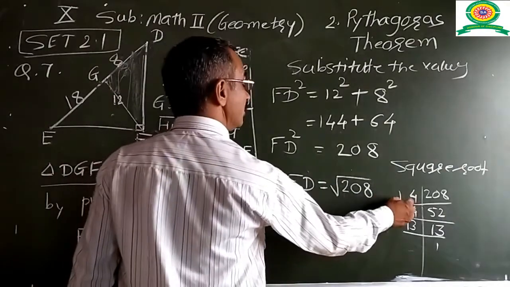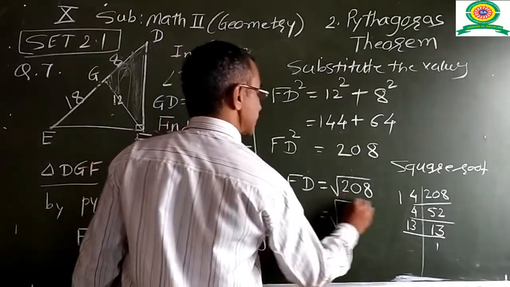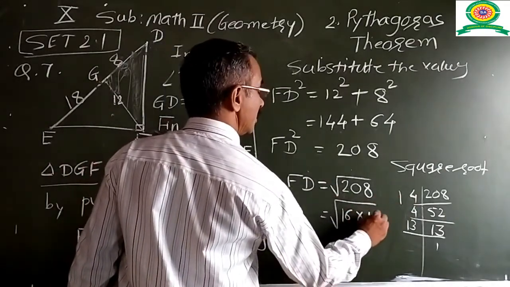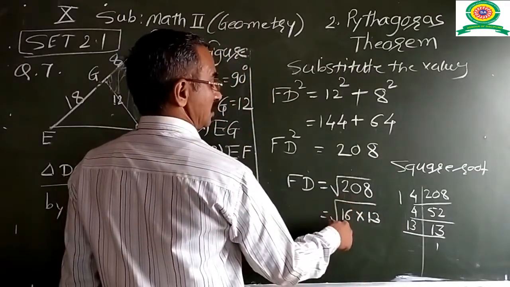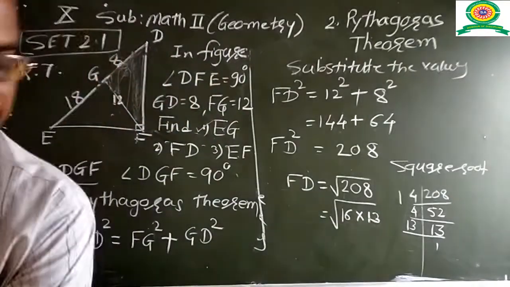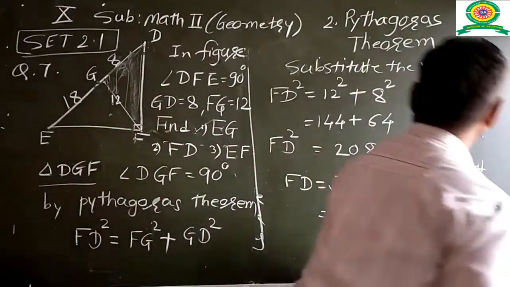So 4 into 4, 16 into 13. We get FD as the square root of 16 into 13.